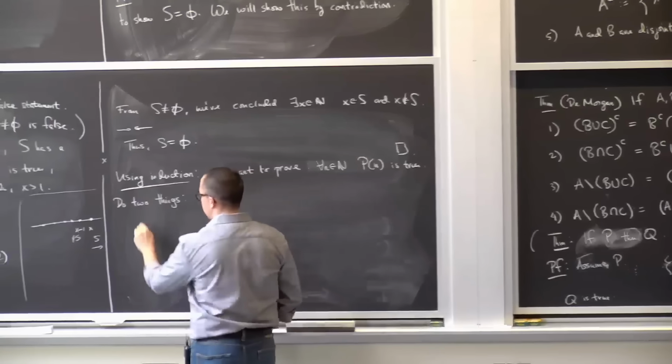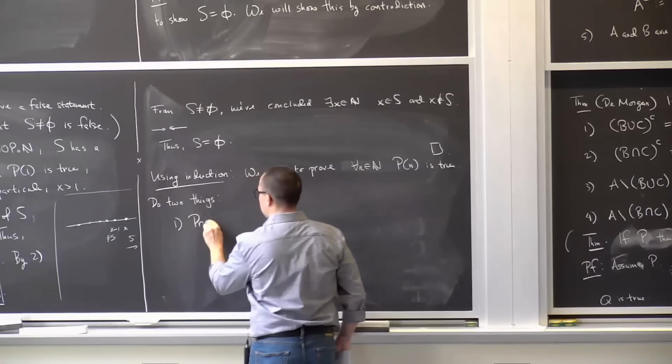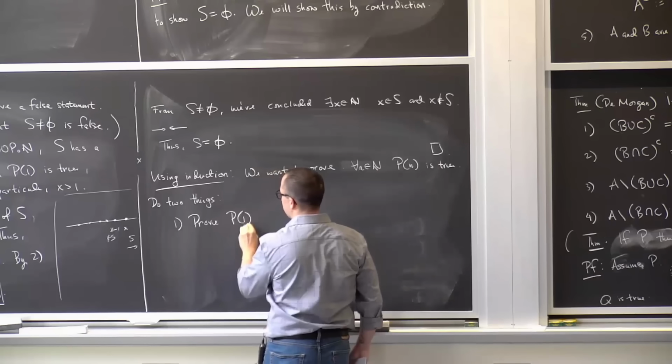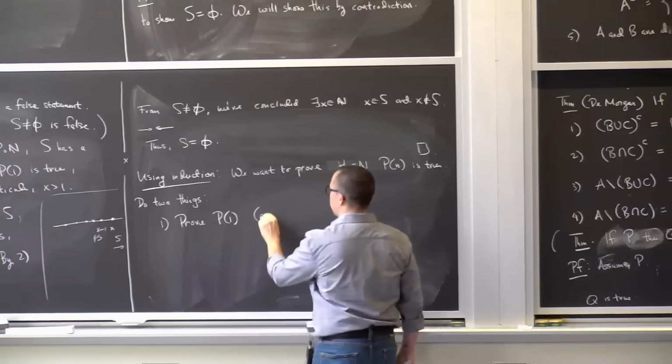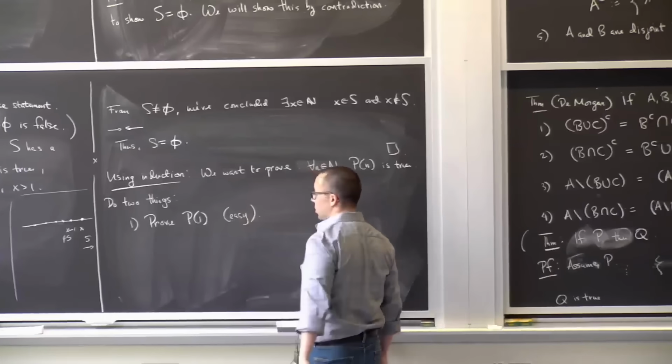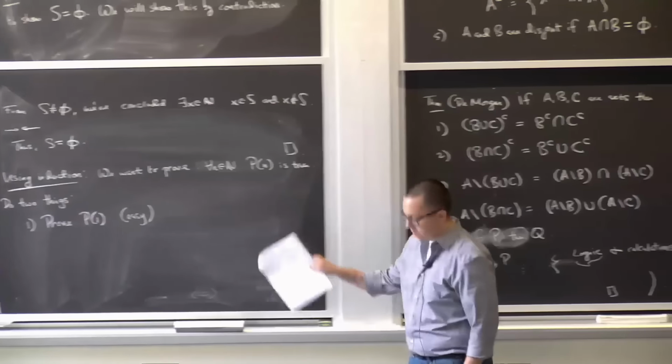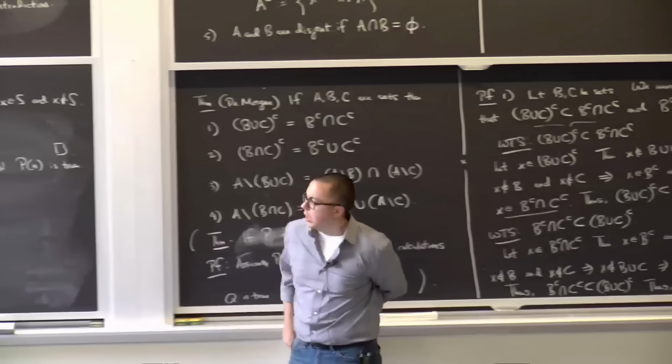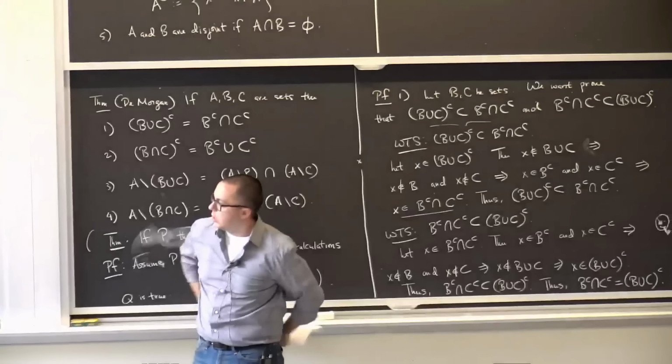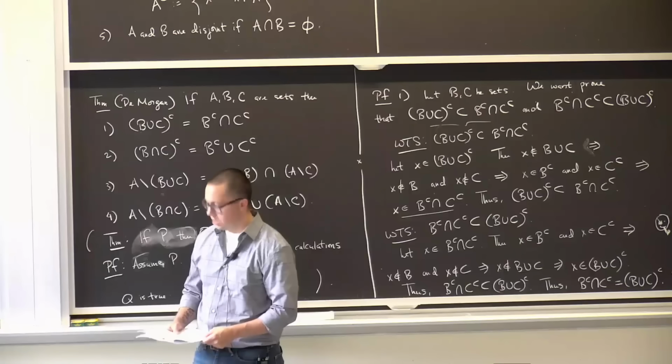Okay? We have to prove the base case, and this is usually easy. You just stick the number 1 into the statement that you want to prove, and that's the end of the story.